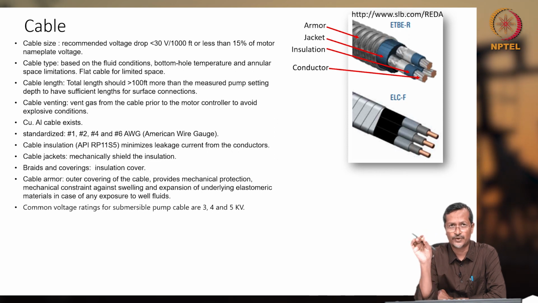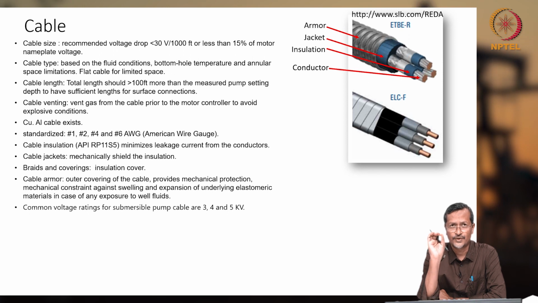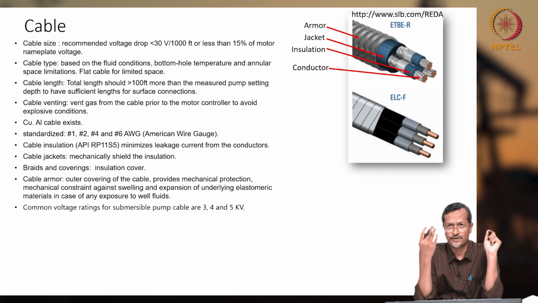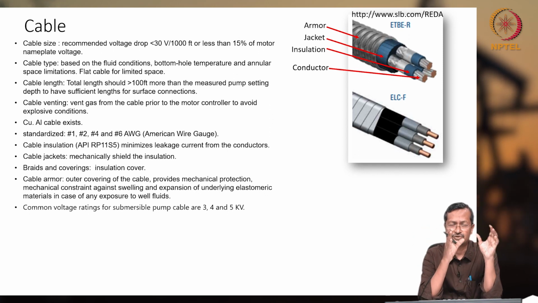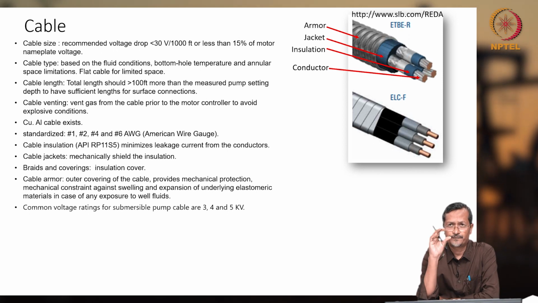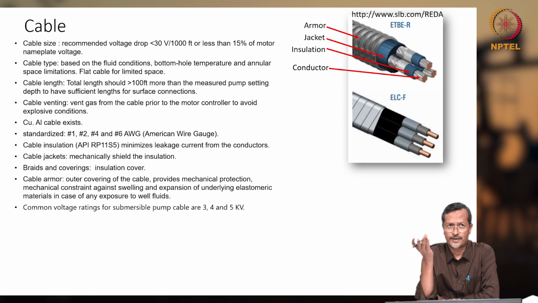So the voltage drop should not be so high. If you want to avoid voltage drop, then you have to follow certain basic formulation. For example, you have to use copper conductor, maybe multiple strands you can use, and based on your space you can change your cable, that will be flat type cable or round type cable.